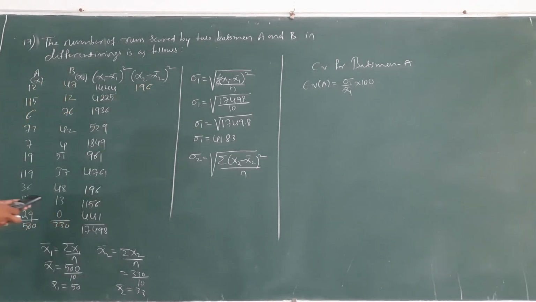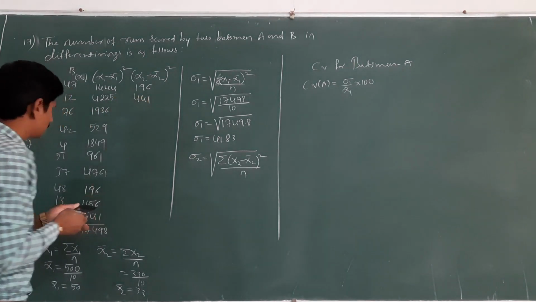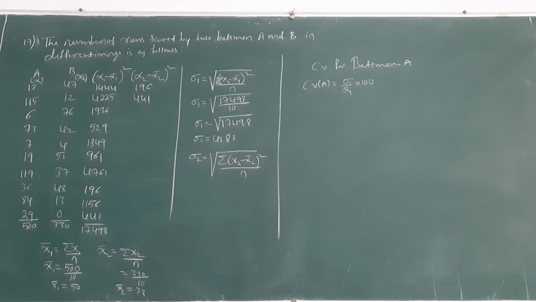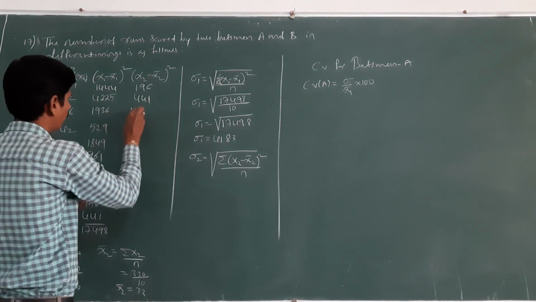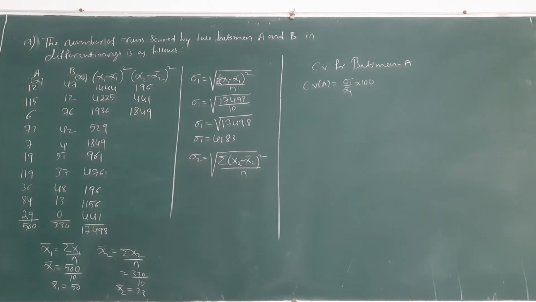The next 12 minus 33 is 21. 21 square is 441. The next 76 minus 33 is 43. 43 square is 1849. The next 42 minus 33 is 9.